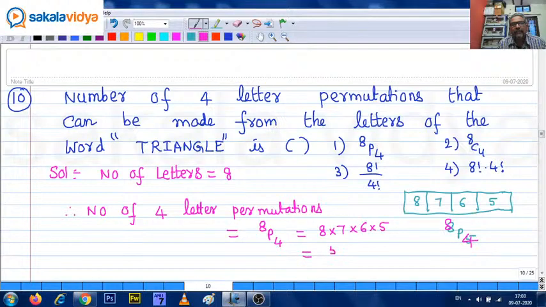This is 56 multiplied by 30, this is 1680. That is also a correct answer. Right, 10th one is completed.